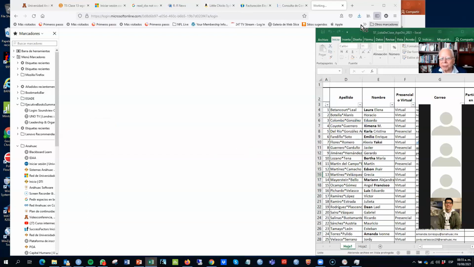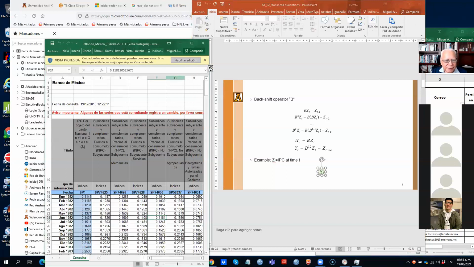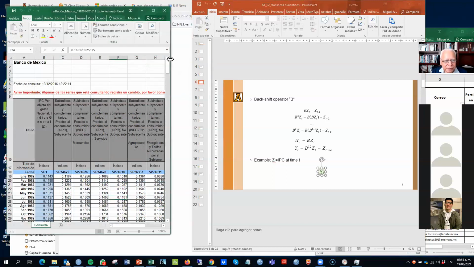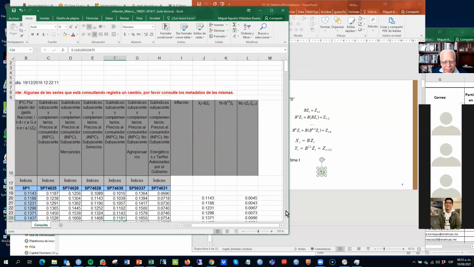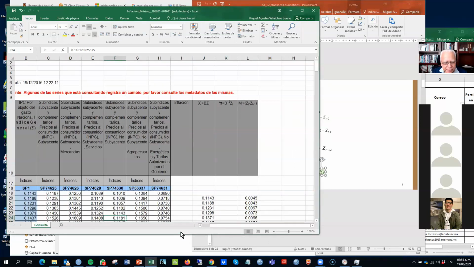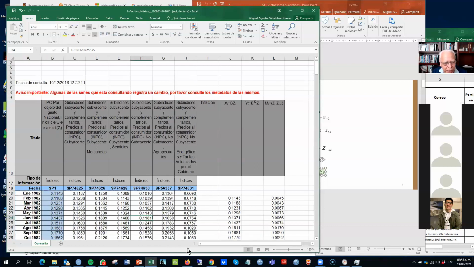Well, I cannot open it, but if you have the file there, essentially it just shows the consumer price index. Okay, here it is. So the backshift operator, all it does, see, here I defined X_t to be the backshift operator applied to Z_t. If Z_t is my CPI, let me hide the columns that I don't need here.